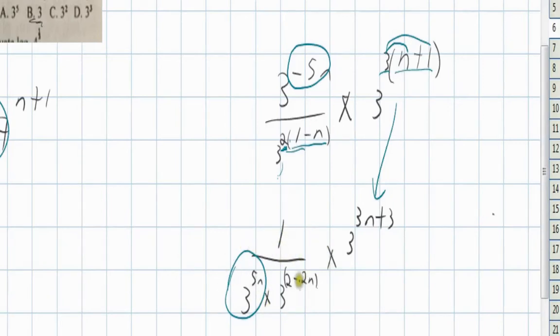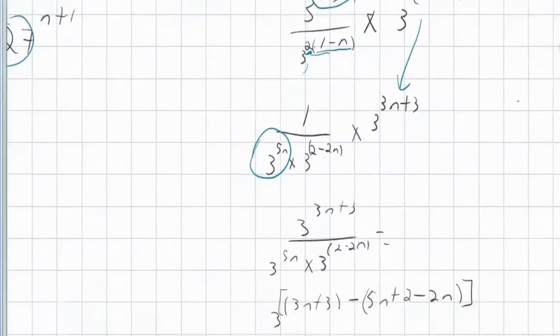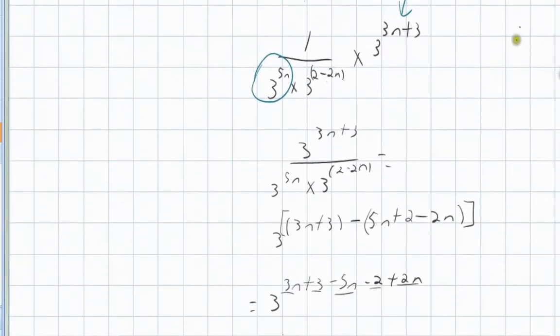So 1 over this quantity times 3 to the n plus 3. Okay, I promise things will start to get a little clearer now. So that means that I can just take this top part and plop it right over this, because 1 times this whole number over here will just be this number. So now I have this 3 to the 3n plus 3 over 3 to the 5n times 3 to the 2 minus 2n.